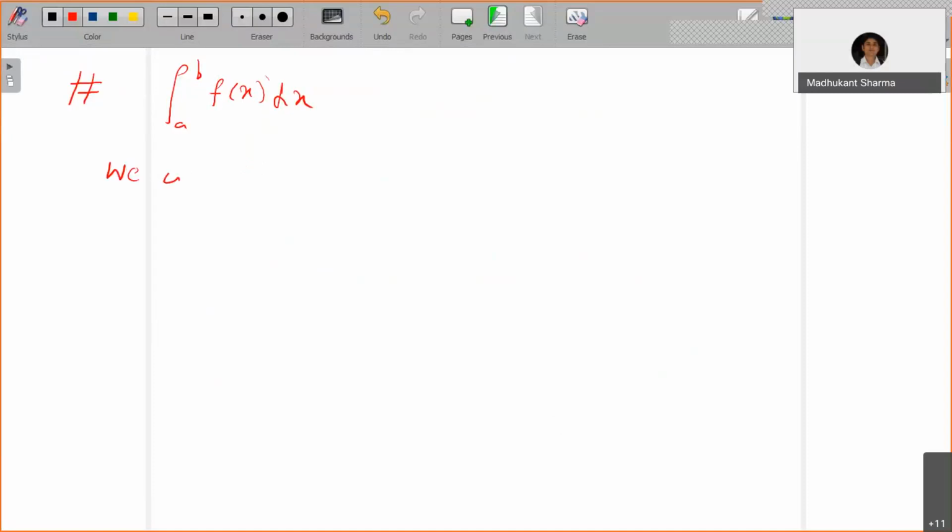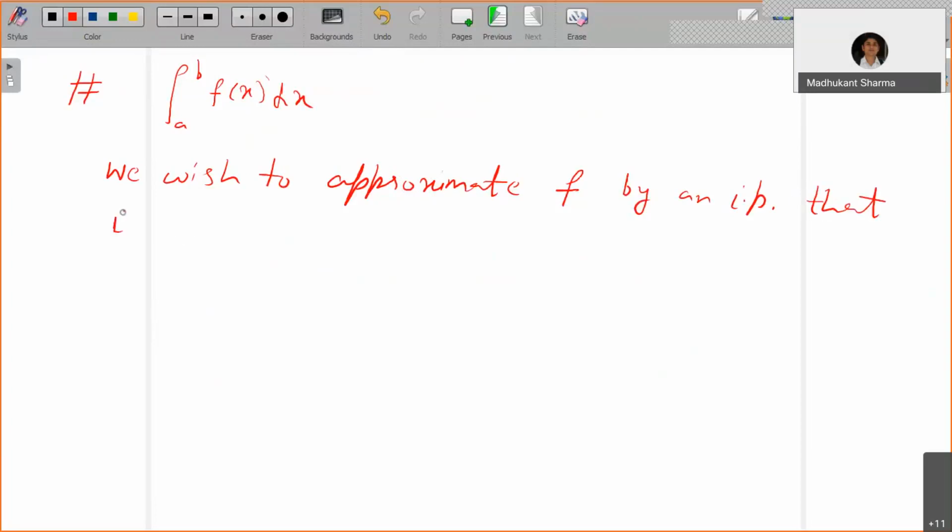So we wish to now approximate f by an interpolating polynomial that interpolates f at a certain set of nodes.